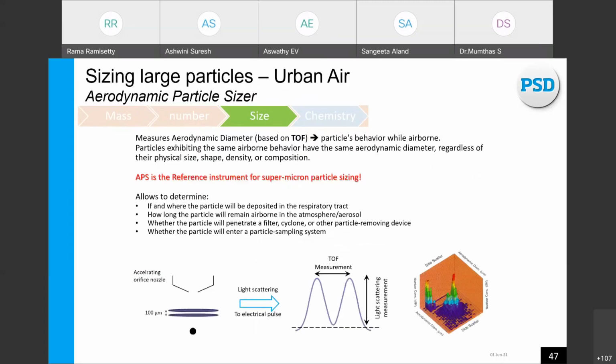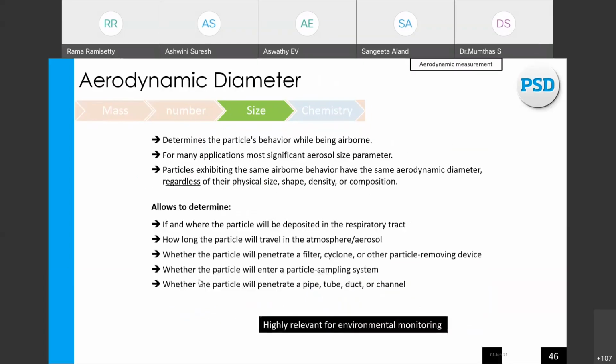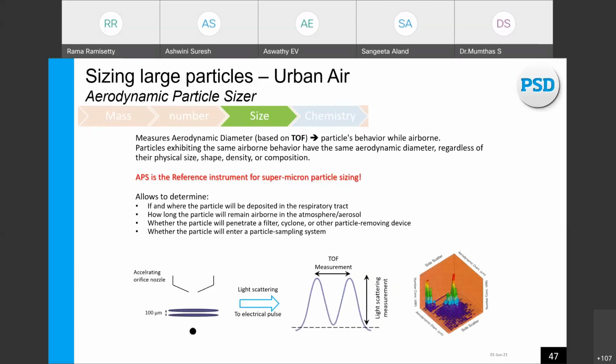If you look at the time of flight principle, instead of one laser, we will have two laser beams from a laser with a beam splitter. When particles cross these two beams, we will have two signals.